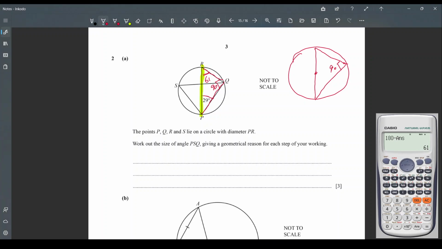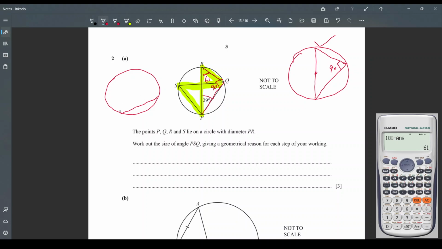So if this angle is 61, you should know that this angle and this angle will be equal to each other. This is one of the property, angle made on the 90 degree, and another property is angle made on the same chord.